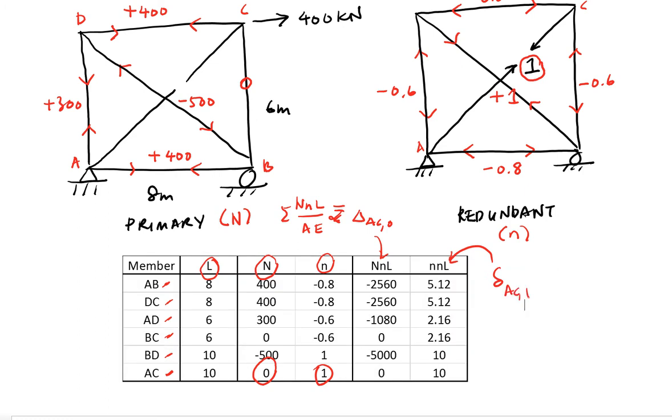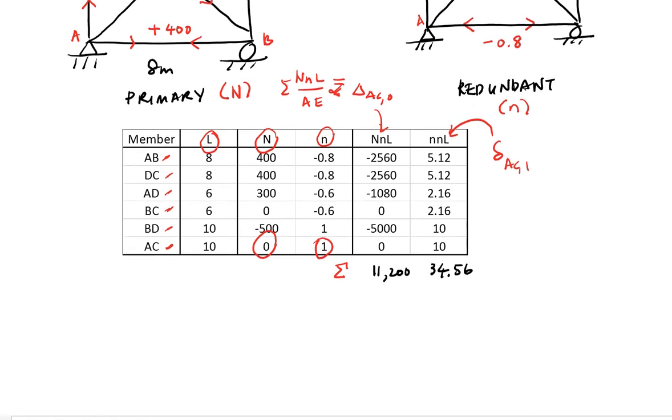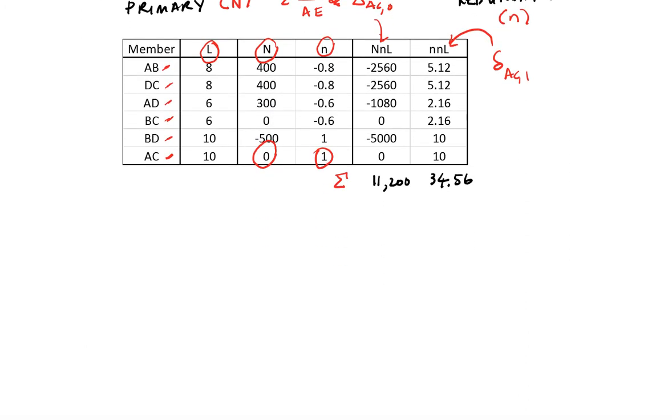Okay, and then what you do, you sum them up. When you sum the whole column up, capital N and L, you will get a value of negative 11,200. Okay, and for small n, you will get a value of 34.56.